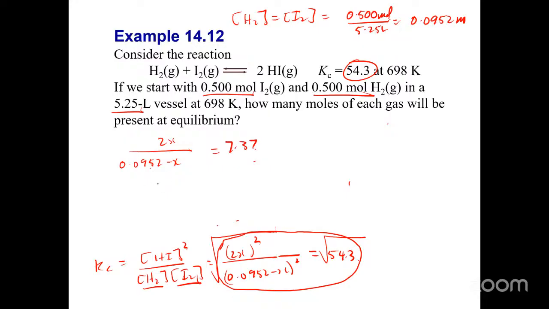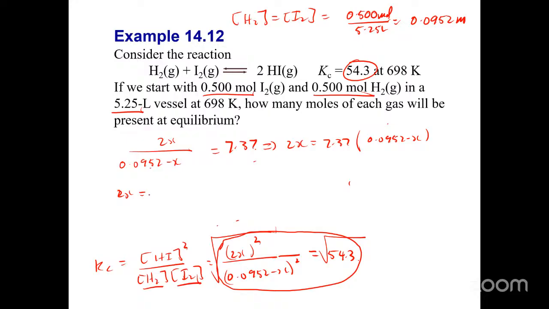And then what I will do, of course, is cross multiply. So you're going to get 2x is equal to 7.37 multiplied by 0.0952 minus x, and then expand this part here. So 2x is equal to 7.37 times 0.0952.